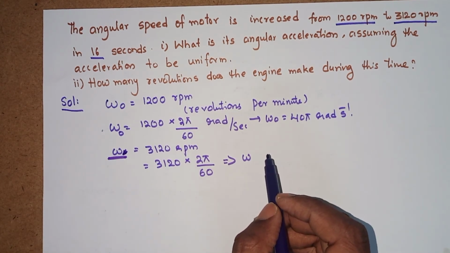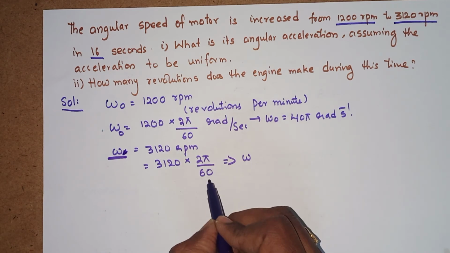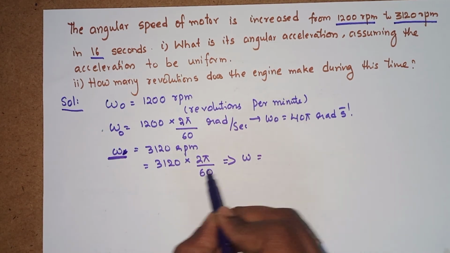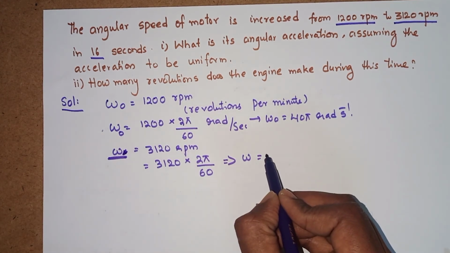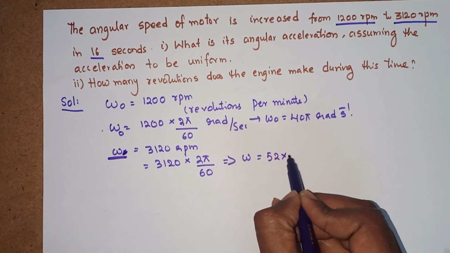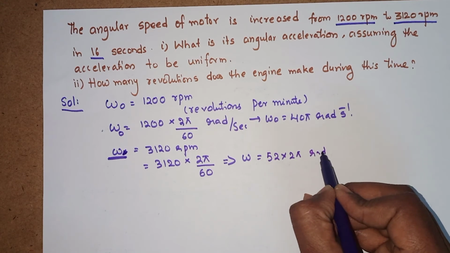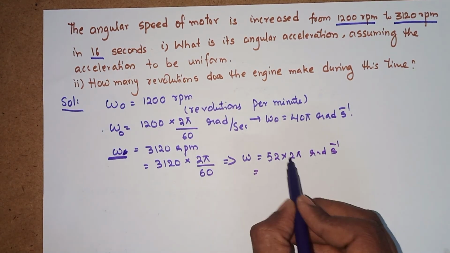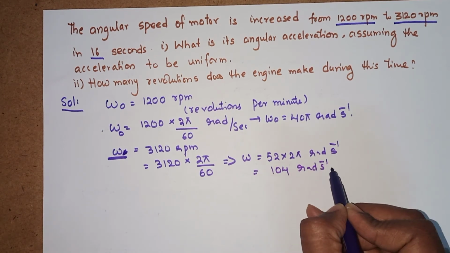Omega is equal to 3120 by 60, which is 52, times 2 pi radians per second, which is equal to 104 pi radians per second.